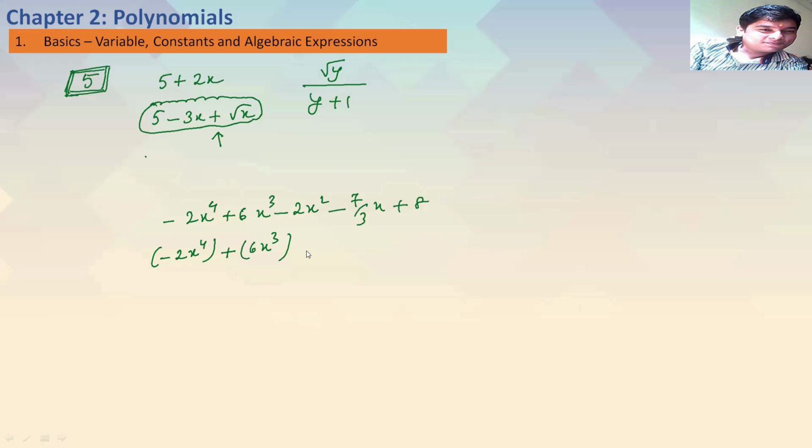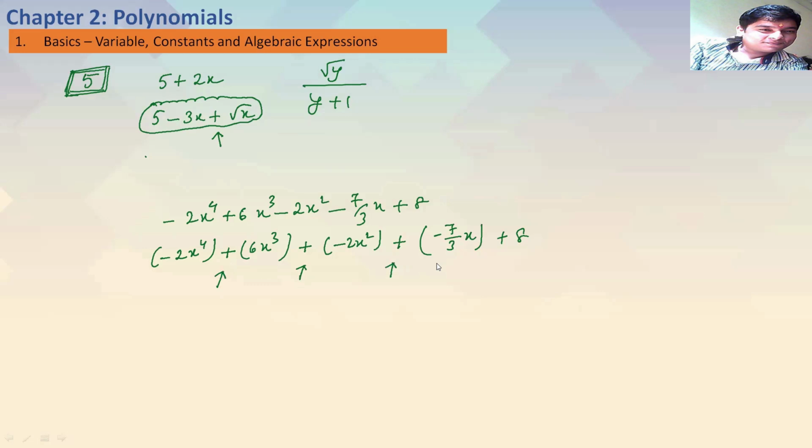You should always have a plus in between, Ankita. What should we write under this bracket? Minus 2x squared. Very good. What should we write over here? Minus 7 by 3x, and x. Note that there is a plus which is separating different terms.